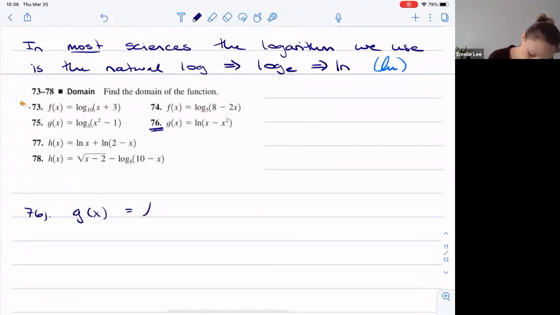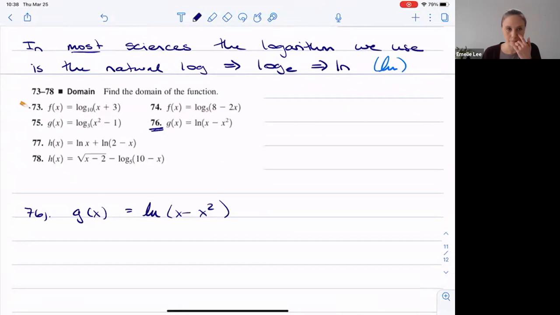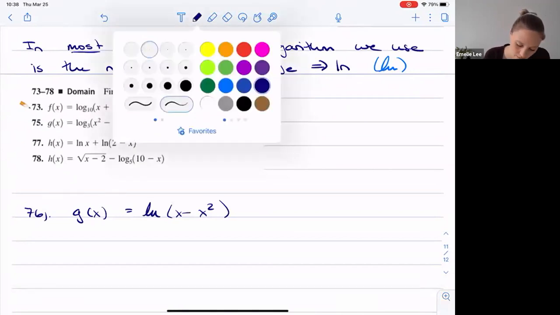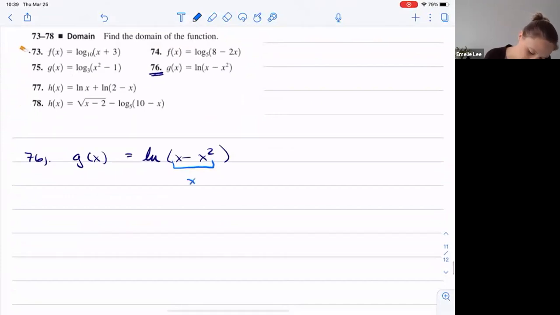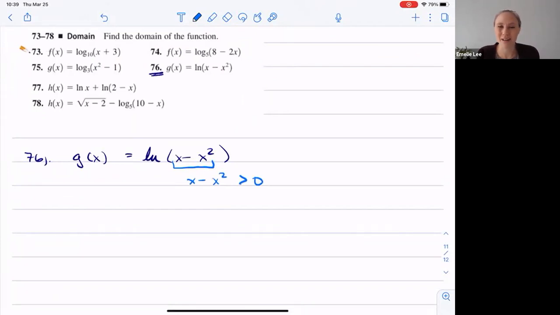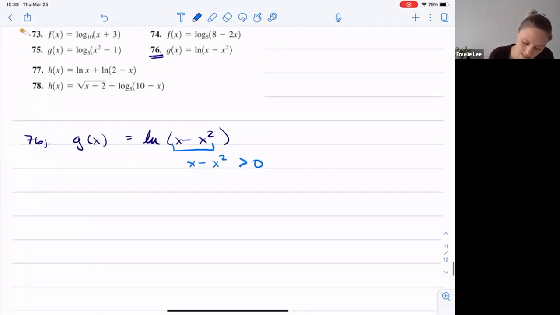So g of x is the ln of x minus x squared. Let's just highlight that. Well, this means that x minus x squared has to be greater than 0. This actually looks kind of familiar from when we looked at inequalities. So what I can do is factor out a common x.